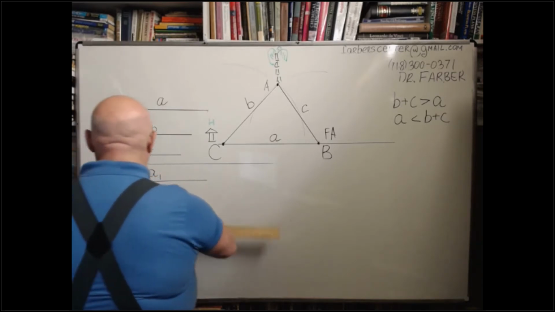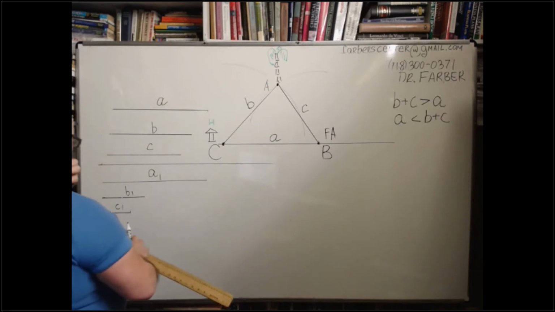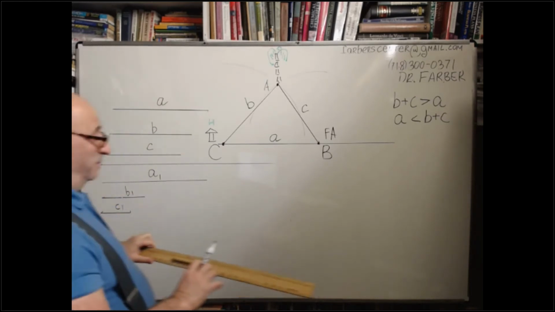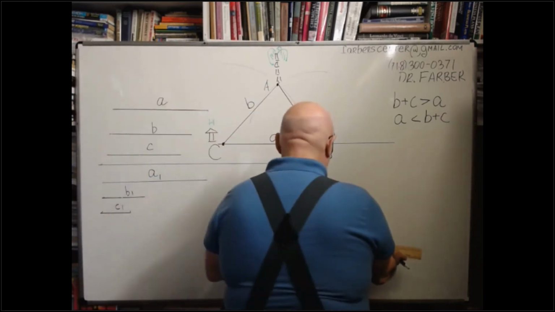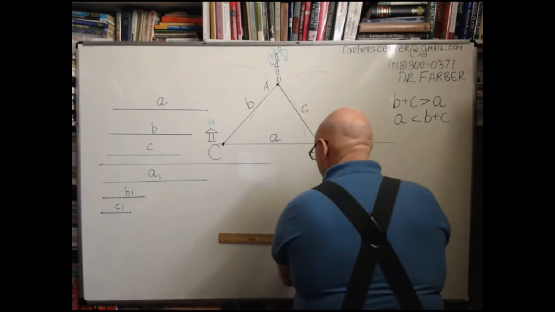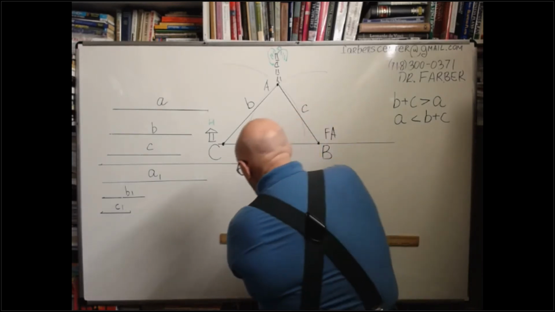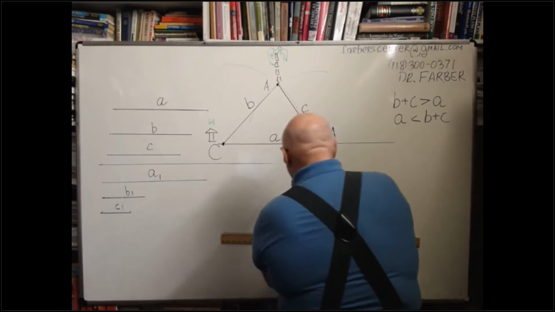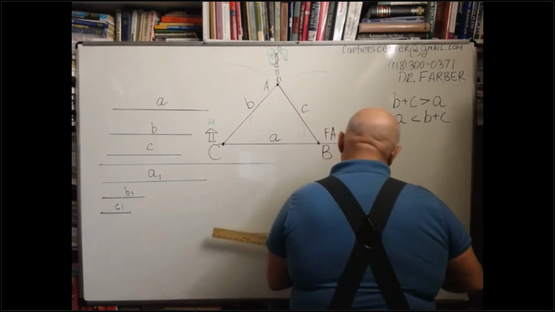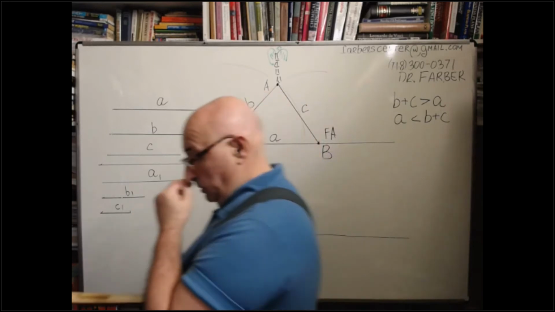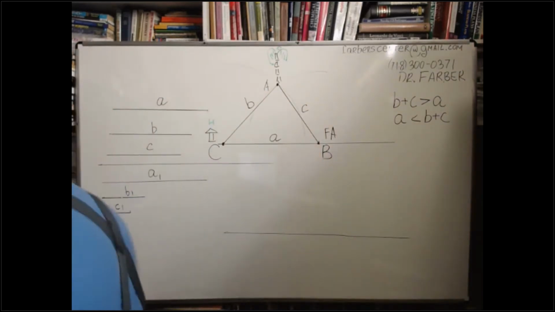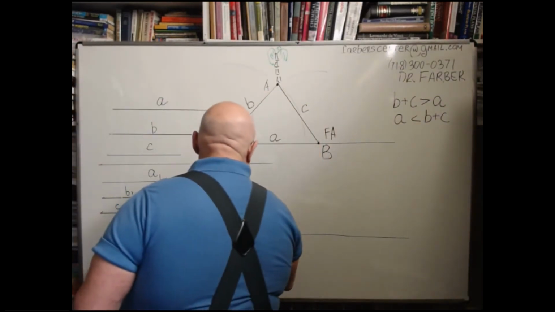I want to build this triangle. So again, make a line. I'll make a line. And on this line, I use a compass. This is starting from this point.